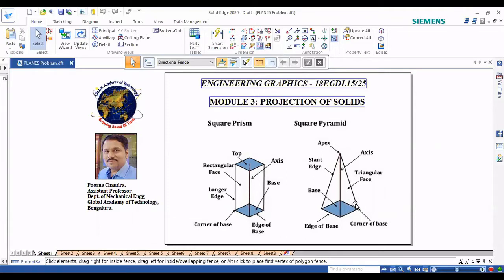As you can see here, it consists of the center axis, the base, and the apex, and this face is known as the triangular face, and this is known as the slant edge. This is the base portion, this is the edge of the base, and this is the corner of the base. So this is what the square pyramid looks like.